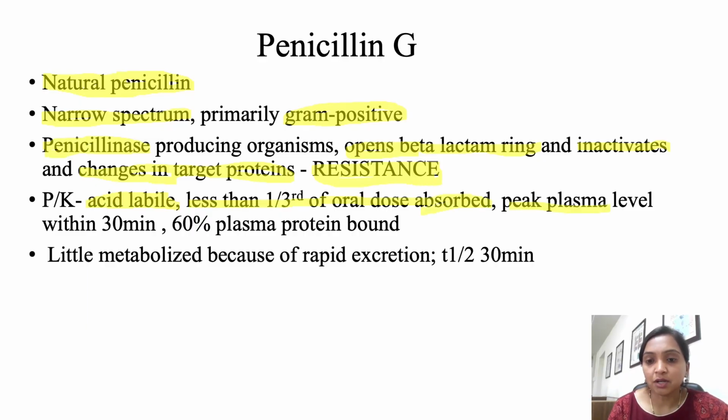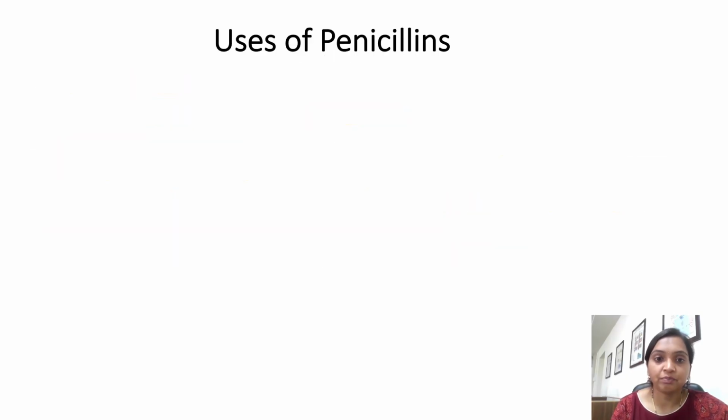Peak plasma concentration is reached in 30 minutes, and it is 60% plasma protein bound. These are its salient features. It is little metabolized and rapidly excreted, and its half-life is 30 minutes. So that is penicillin G.